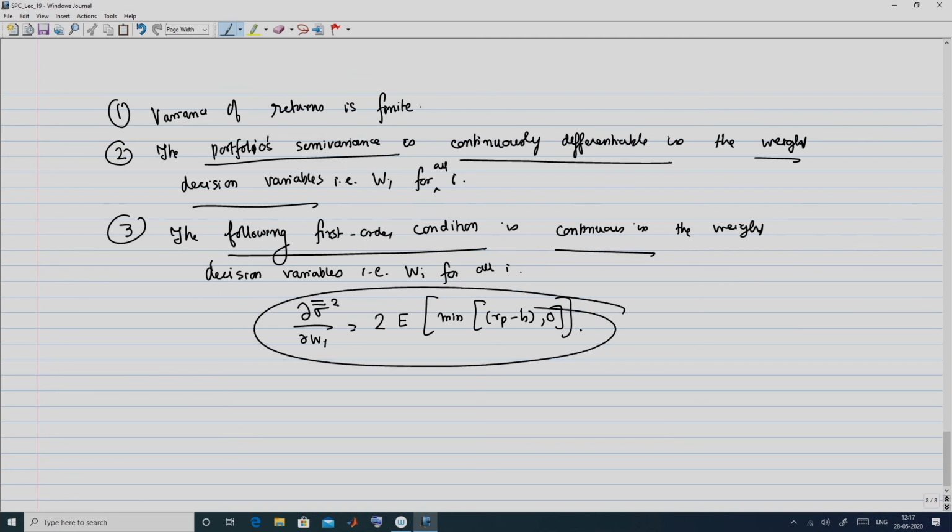Typically these three conditions are met or achieved for several well established probability distributions.